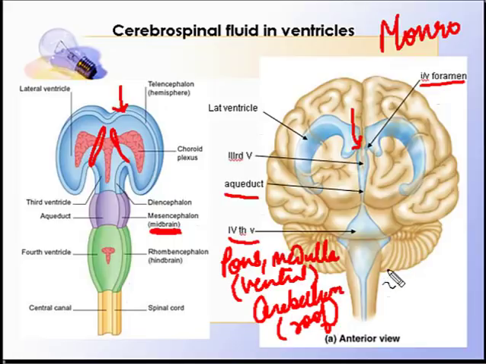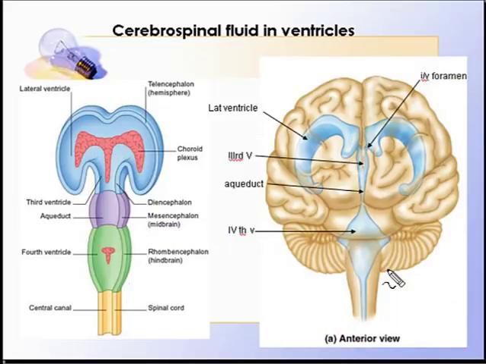So again, the lateral ventricles are in relation to the cerebral hemispheres. They communicate with the third ventricle, which is related to the thalamus and the hypothalamus, which form part of the diencephalon. They communicate with the third through the interventricular foramen. The third ventricle becomes continuous with the cerebral aqueduct, which is related to the midbrain.